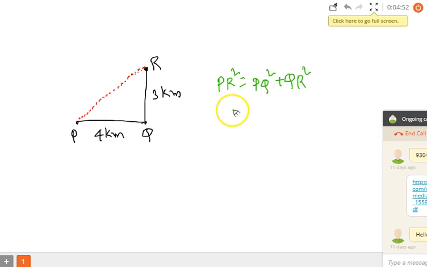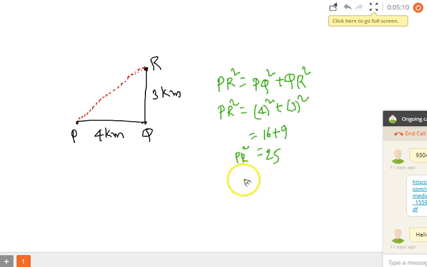So PR square is equal to 4 square plus 3 square, which means 16 plus 9, equal to 25. We need PR, which means square root of 25, which is 5. PR equals 5 kilometers.